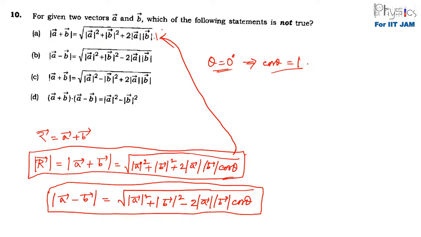That means it can happen. It is true. Now for cos theta equal 1, if we put it in this equation, we get this one into 1. So it is again true, right?